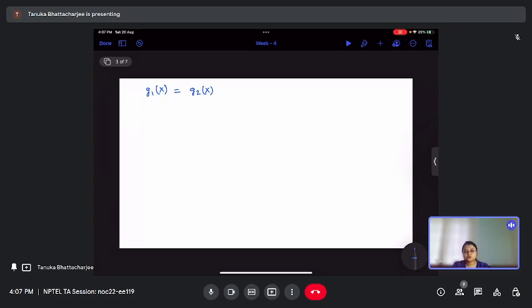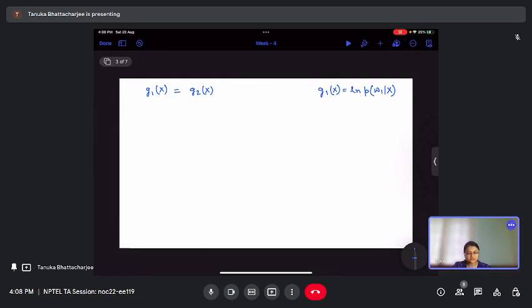Now you have also seen that it is suitable to take the log of the posterior probability for g1x, as the log helps in computation. So we can take g1x as ln of p omega 1 given x, the log of the posterior probability of class omega 1 given x.